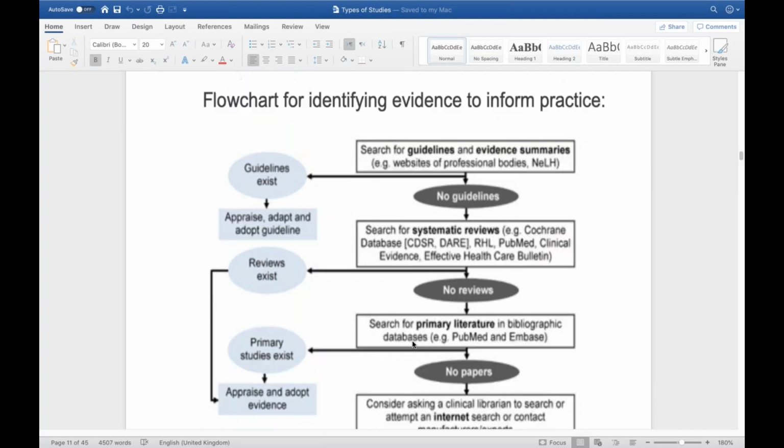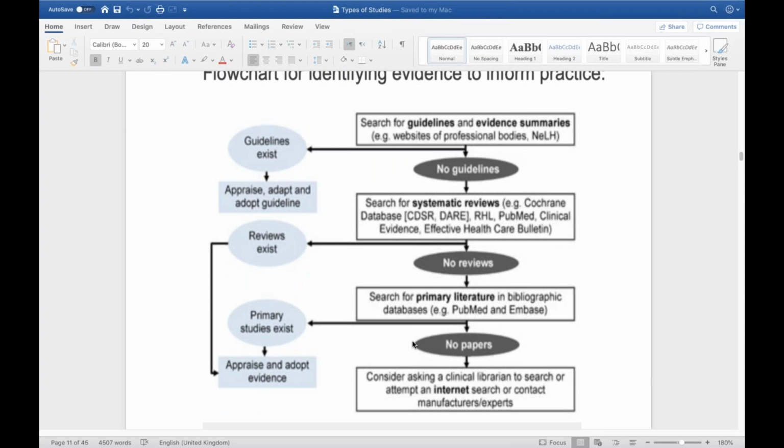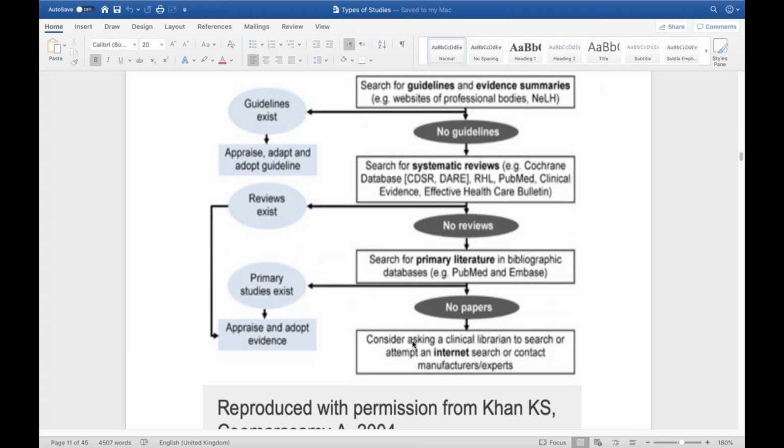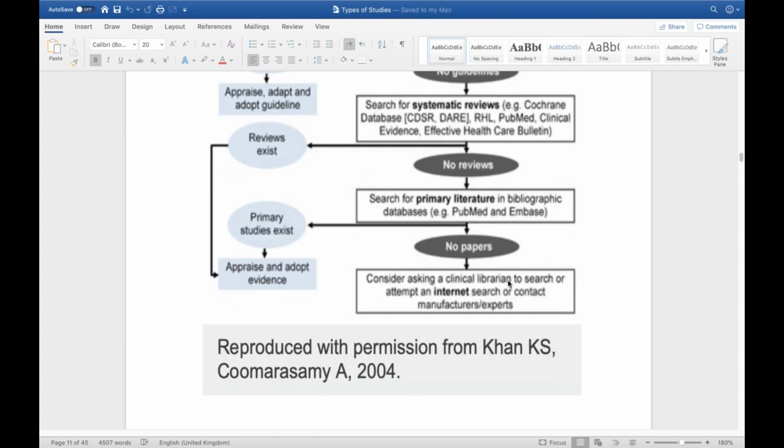Okay, that's how you apply what we have discussed in your practice. So you go for the guidelines, and then you go for systematic reviews, and then you go for the literature, PubMed and these things, and then you have to speak to an expert if there is nothing in the literature, which is really rare.